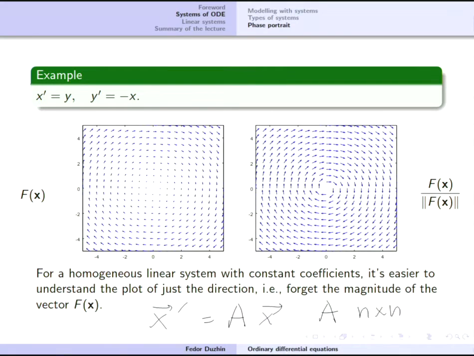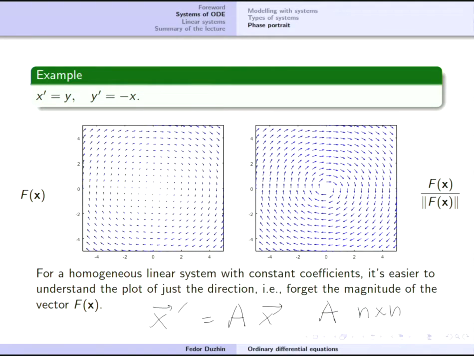So then, of course, if x is 0, then the right-hand side automatically becomes 0, which means that the origin is going to be a critical point. I haven't introduced the term, but the origin is going to be a critical point. So at the origin, there is not going to be any vector. Its magnitude is 0.